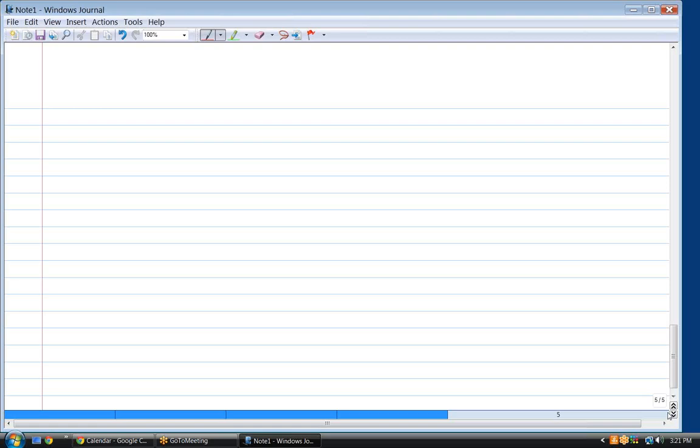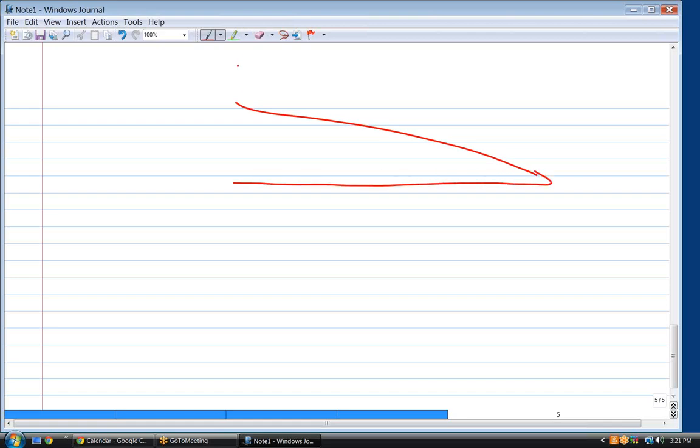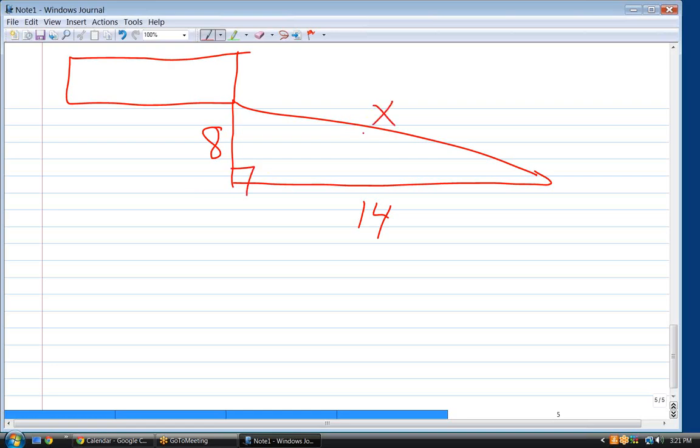Okay, a building has a ramp to its front doors to accommodate the handicapped. If the distance from the building to the end of the ramp is 14 feet, and the height from the ground to the front doors is 8 feet, how long is the ramp? Is that a fair picture? Yeah. What's x? It would be 64 plus 4.